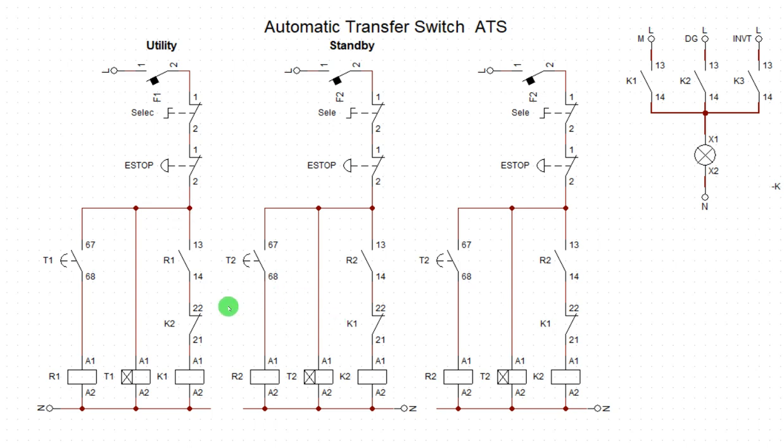Now come to the standby here. I have a relay here, arrow 1. So what I'm going to do now is to disable this place and fix a relay contact. And that relay contact is coming from mains.